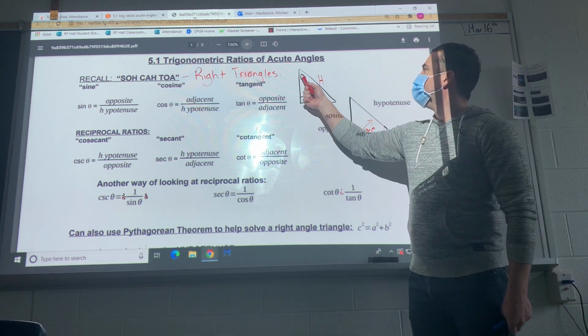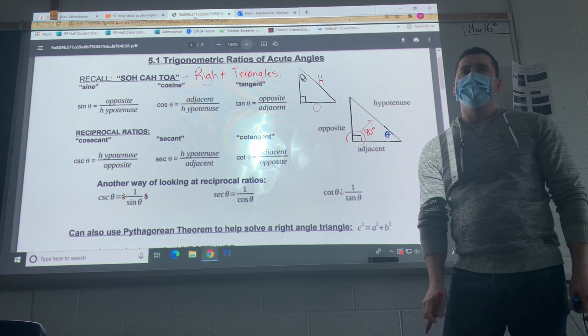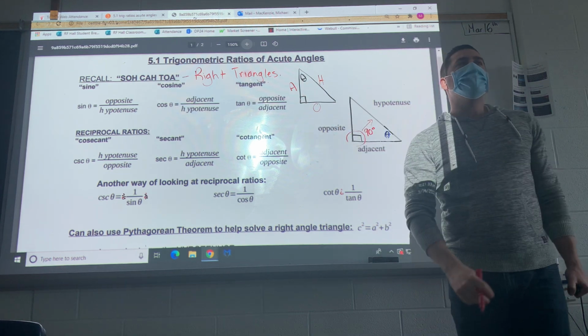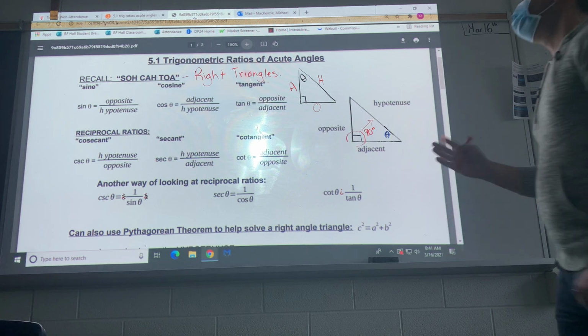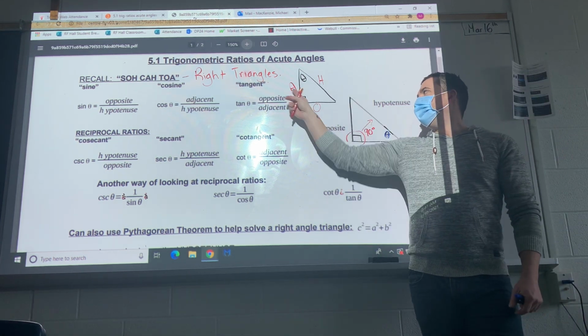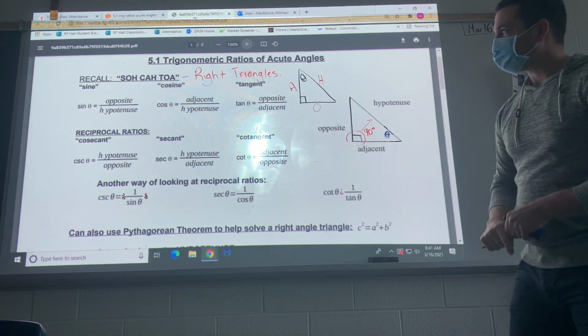Good, here, across from the angle. And then the last one is your adjacent side. Depending on where your angle is will determine your last two sides. Your hypotenuse never changes, it's always across from the 90, but our O and A can switch based on the angle that we are using.